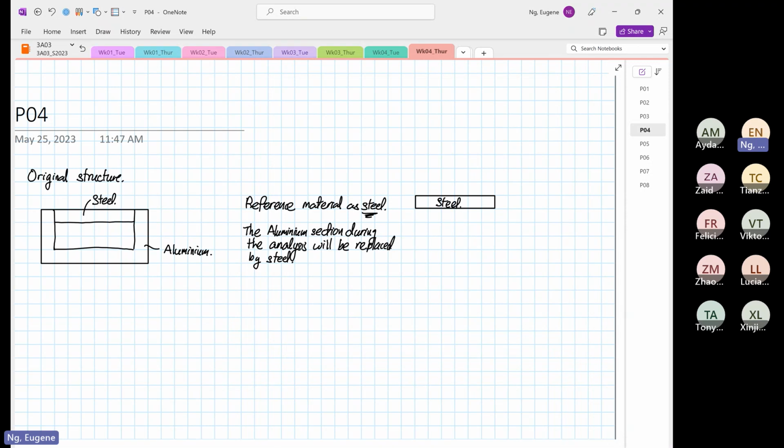Now, when we replace the aluminum with steel, the structure must still have the same capacity to withstand stress. What do I mean by that? When I replace the aluminum with steel, during the analysis, the structure cannot be more enhanced.